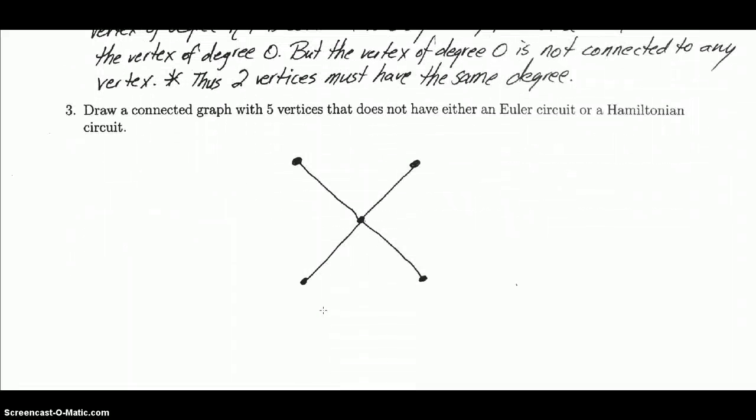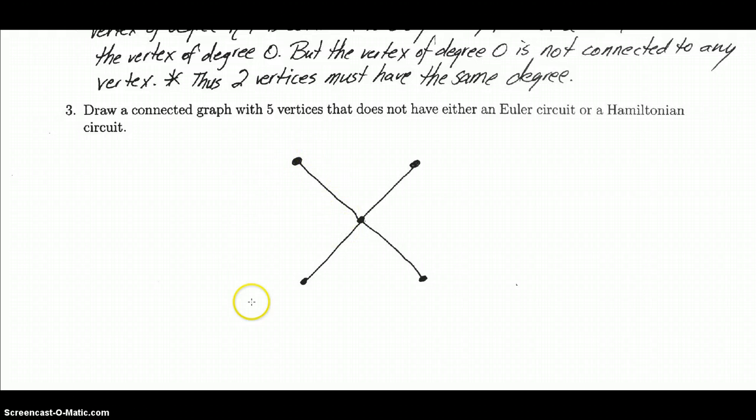Okay, connected graph with 5 vertices. The most important thing is that we don't have an Euler circuit and we don't have a Hamiltonian circuit. Notice that when we have this kind of structure, in a Hamiltonian circuit, we can't return to any vertex.